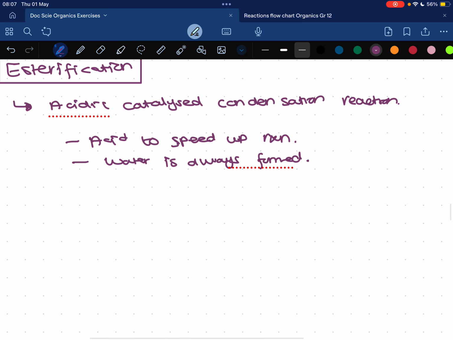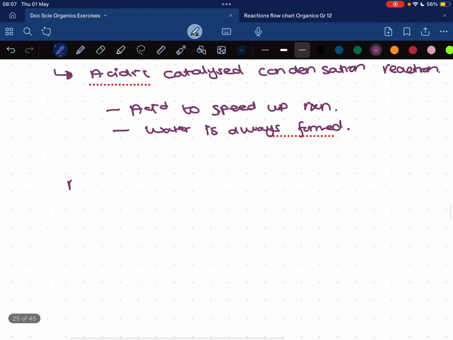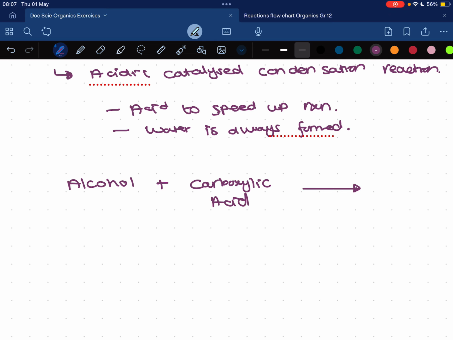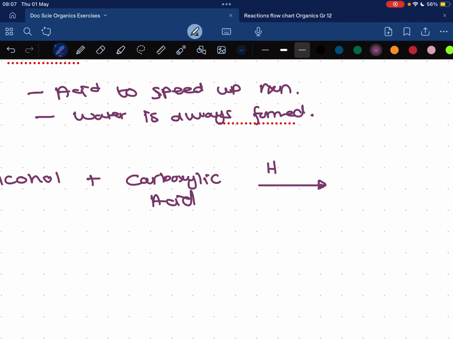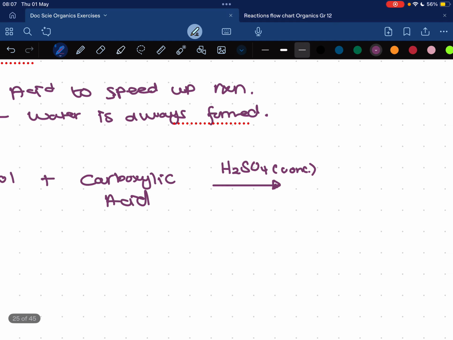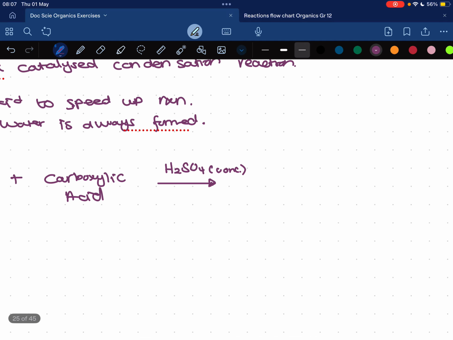So the reaction takes place between an alcohol, as we already know, and a carboxylic acid. And when they are combined with some sort of catalyst, right, so we would use like concentrated H2SO4, then that would form the ester plus a water molecule.